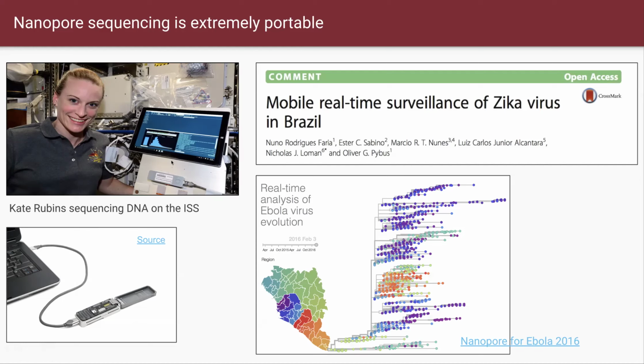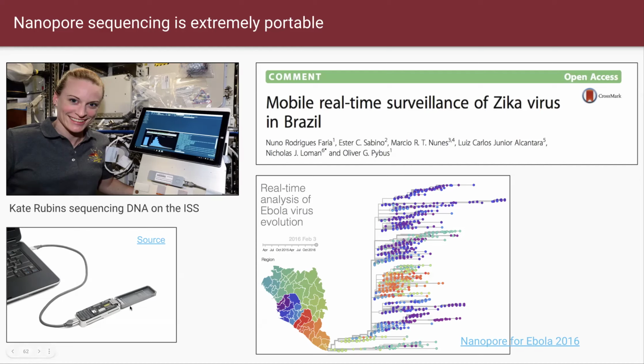ISS, right? And they measured different biological materials through this nanopore sequencing. They measured Drosophila in an astronaut situation, or plants, I guess. I don't think monkeys, those poor things. But anyway, they measured those animals and plants through here.